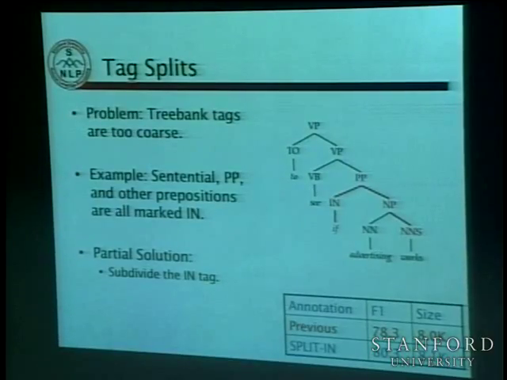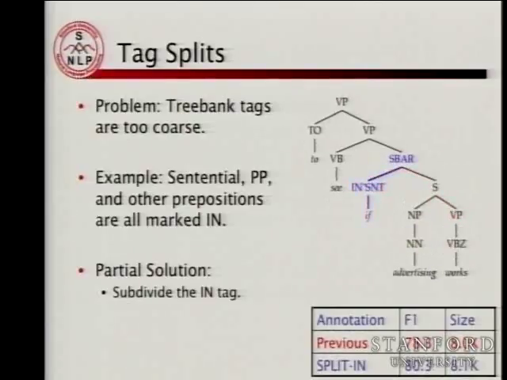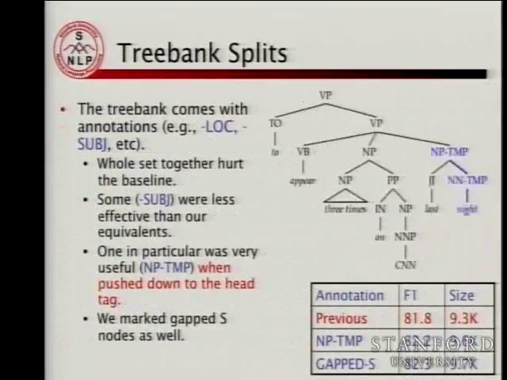So we can fix that. We can split the preposition tag into subcases that represent the different subclasses of preposition. If we do that, we get a fixed analysis for this sentence. And that splitting of the preposition by itself is very useful; you can get a couple of percent in accuracy by doing just that. Essentially, we kept on doing that same trick as much as we could.